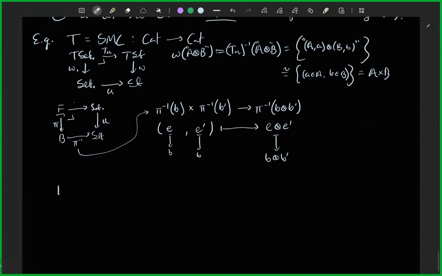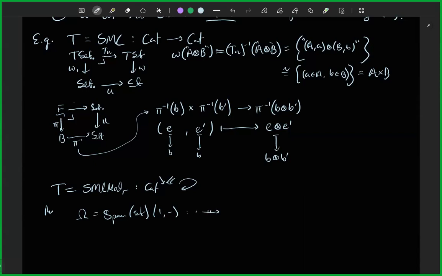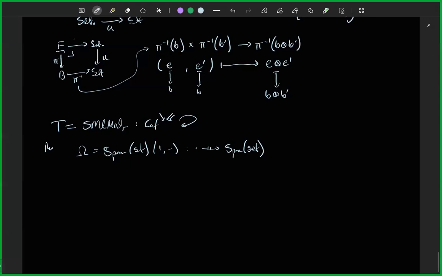Now, right, if T equals the free symmetric monoidal loose right module on our underlying data for such things, then we've computed that omega is equal to Span(Set)(1, -), acting on, being a module for Span(Set), right? And what then is this representability thing here?